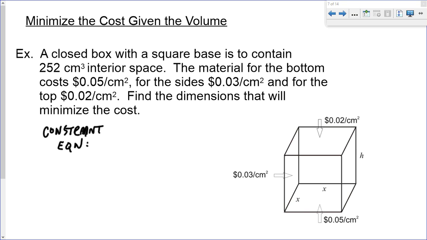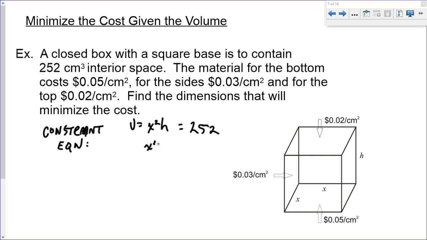Okay, we've got 252, and that's a volume, right? And we want to minimize the cost. So the volume is under the constraint here, and the volume is x squared times h, right? X squared is the base, so length times width times height, and that's 252.